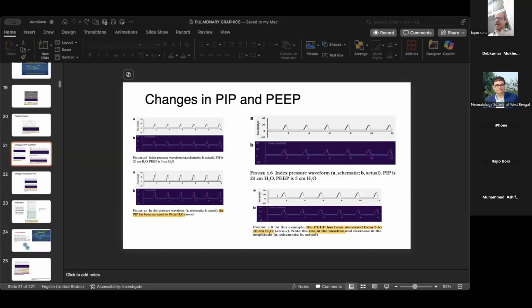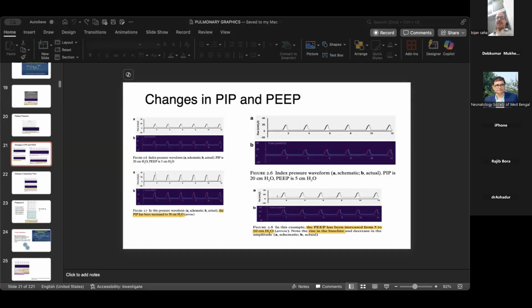By this time, we already know how babies on ventilator should be monitored clinically or by blood gas, etc. But there is another non-invasive mode of monitoring, which is pulmonary graphics. Nowadays, because of the advent of microprocessor-based ventilators, pulmonary graphics has come a long way.